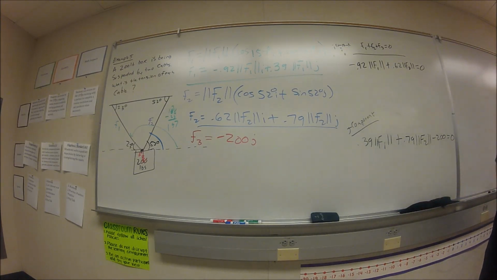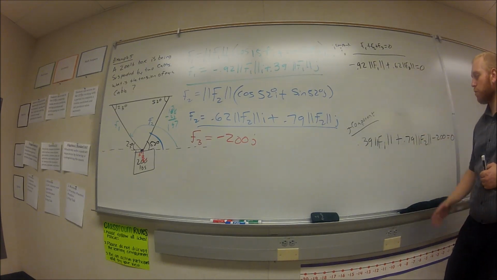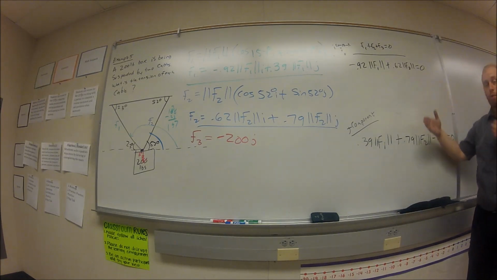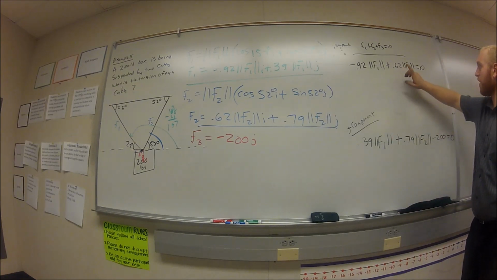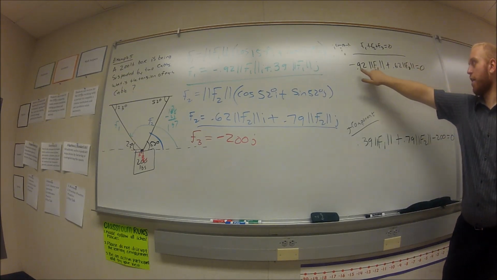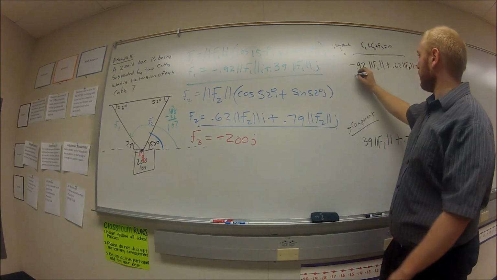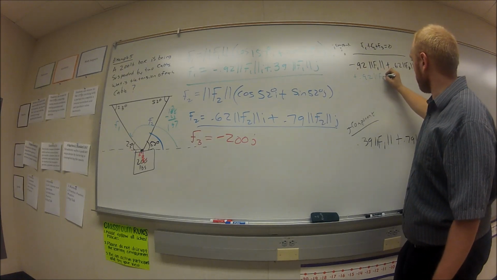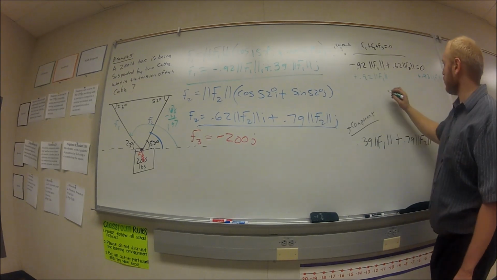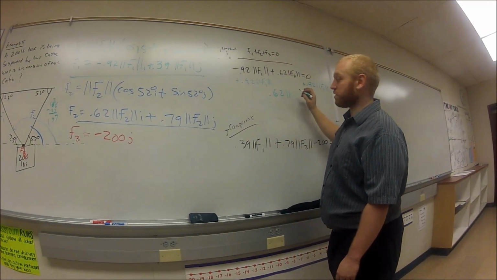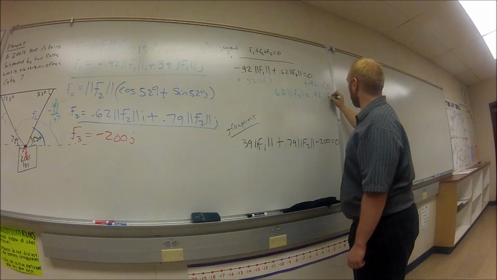And then remember, I want to make a substitution for either the magnitude of F1 or the magnitude of F2 and solve it down here because I have a system of equations in 2 variables. Well, here, I'm thinking it's going to be easier to solve for force 2 because then I can move this over, it'll be positive, and I can divide it. So let's do that. Plus 0.92 times the magnitude of F1 on both sides. So we get 0.62 times the magnitude of F2 equals 0.92 times the magnitude of F1.